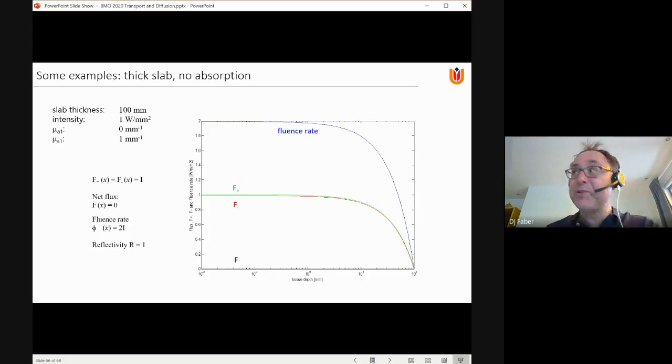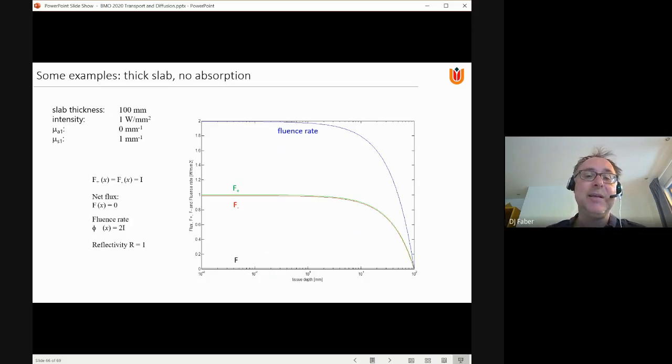But since there is no absorption, there are no losses. Light can only be either transmitted or reflected, and that is expressed here as the flux in the positive and the negative directions being equal at all locations. The net flux, the difference of the two, is 0 everywhere. So net, there is as much power flowing in one direction as in the other direction.